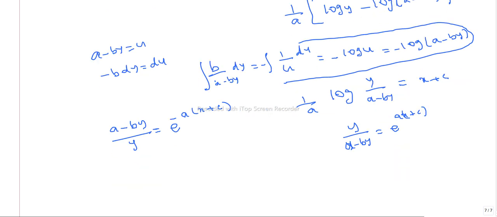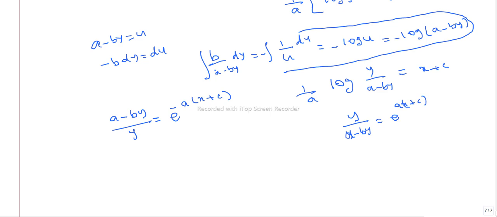Okay, now as x goes to infinity, this e power minus infinity goes to 0. So therefore this term goes to 0. Therefore the numerator should go to 0, a minus by should go to 0.